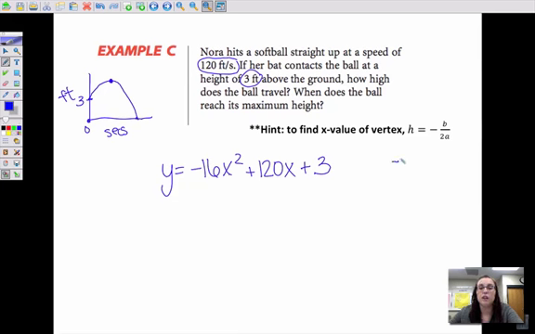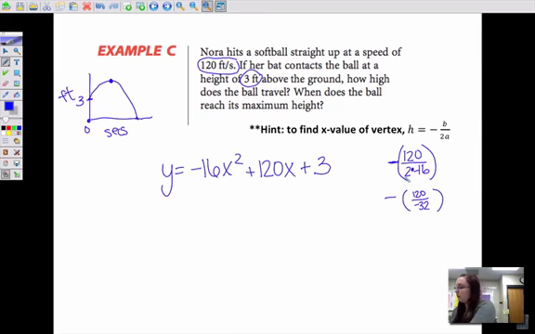So I'm going to do negative 120 over 2 times negative 16. That negative is out in front, so that means we'll evaluate this inside part and then take the opposite. Okay, so I'll do 120 divided by negative 32. So I can tell here I'm going to end up with a positive answer.